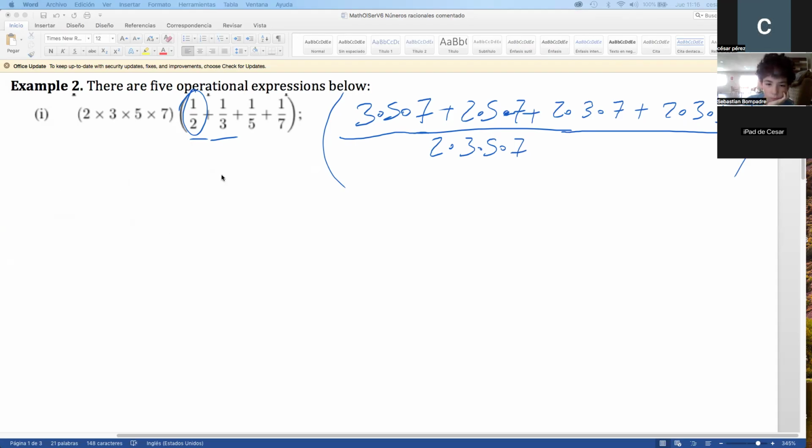We are going to try one by one. When you get the answer of this one, we are going to check.